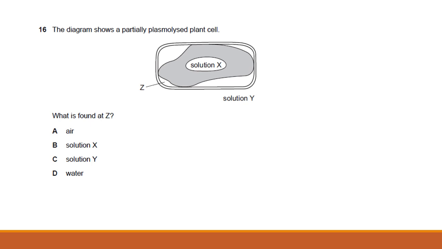When you have a plasmolized cell, it means that you have placed your cell in a solution with lower water potential. So there's lower water potential on the outside, which means the water concentration in solution Y is lower than what's inside the cell.